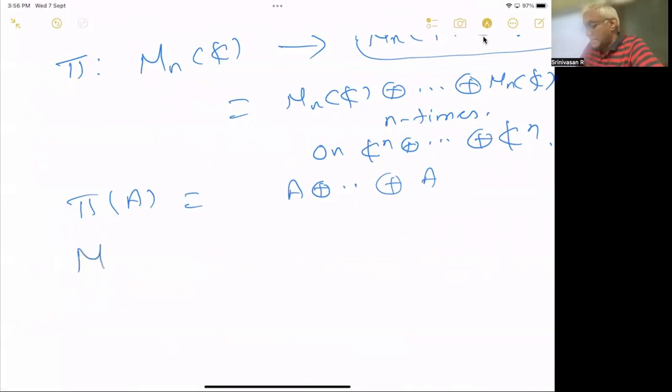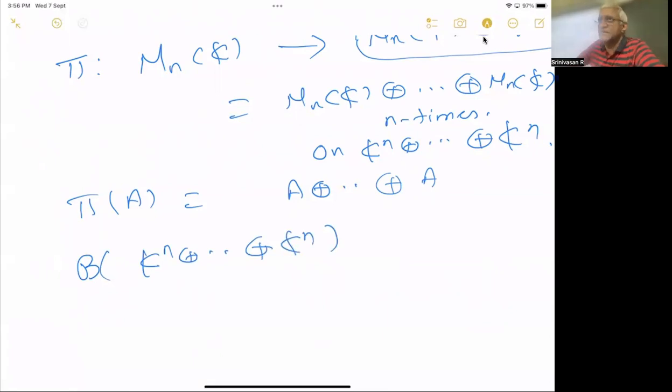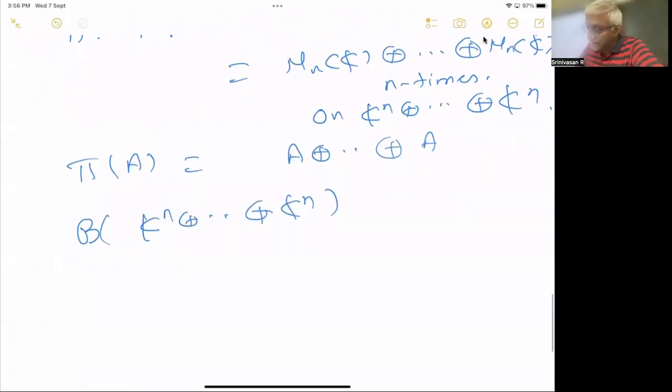We want to talk about the operators on this, or maybe I will use the notation from the graduate analysis class, which is B of Cn direct sum Cn, operators on this. It is also a matrix, but I write it like this, which is just Mn acting with entries coming from MnC.